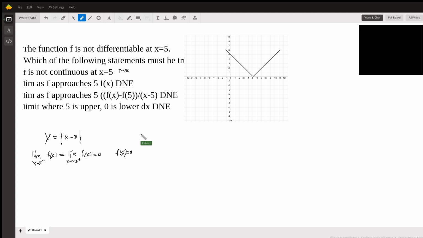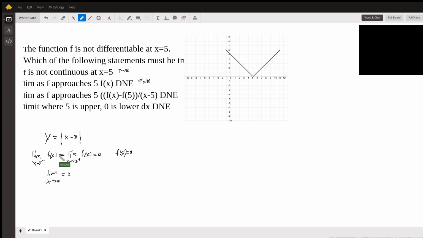Does the limit exist in this? So it does exist. So this statement is false. Because if the left-hand limit and the right-hand limit agree, then the two-sided limit as x approaches 5 is 0.